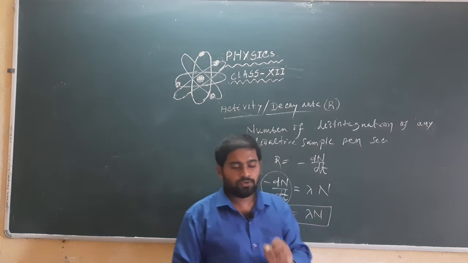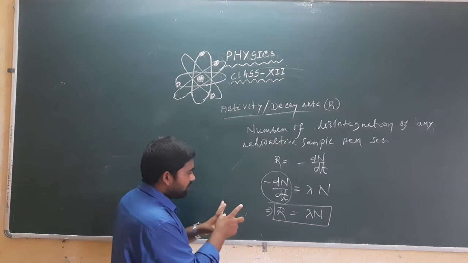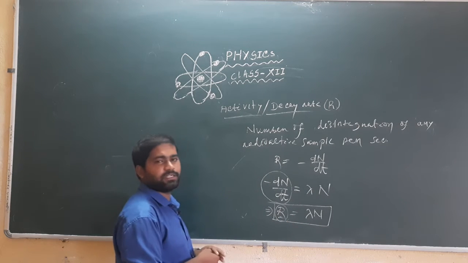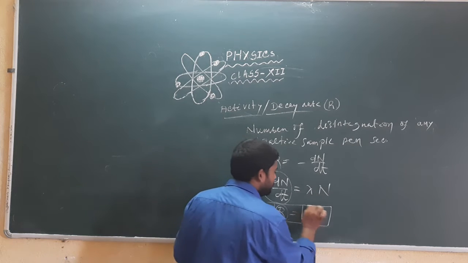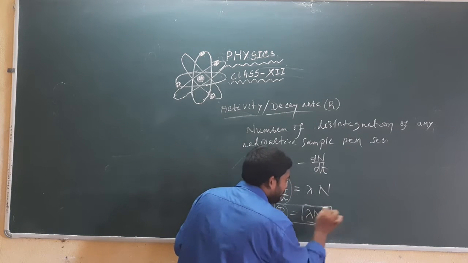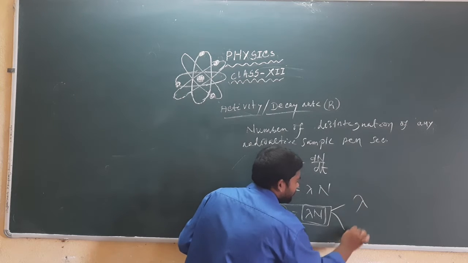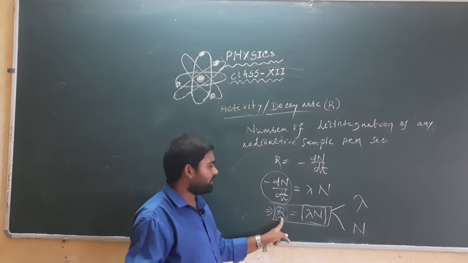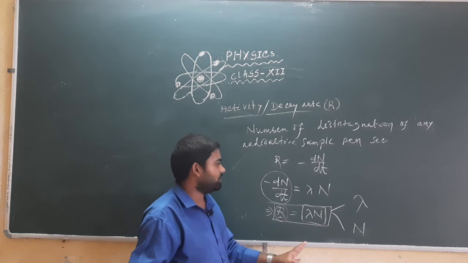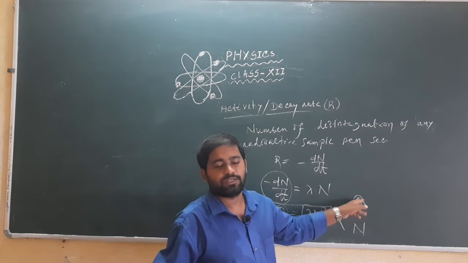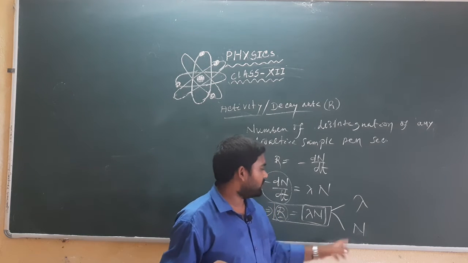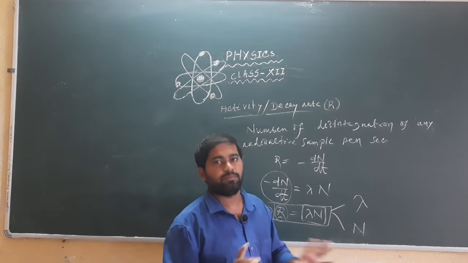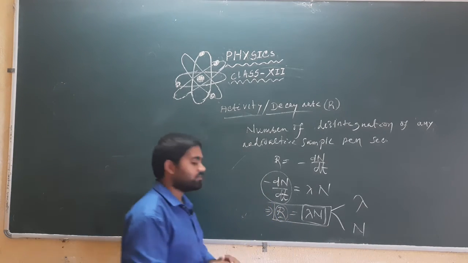The activity of any radioactive sample mainly depends upon two things: one is lambda, another is N. That means the activity always depends upon the decay constant lambda, and second, upon the number of samples left in that substance at the time of measurement.